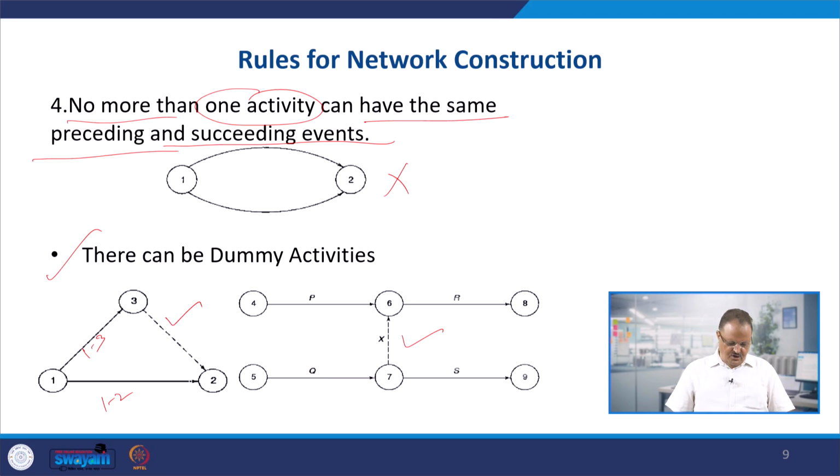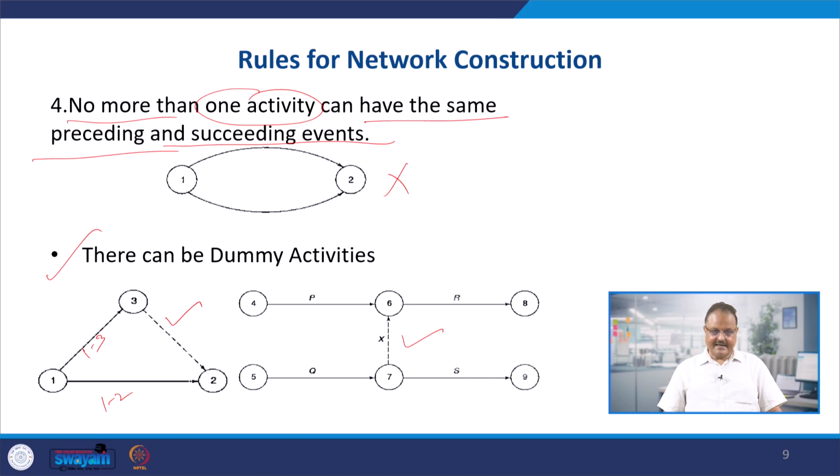Though it is not requiring any kind of resources, we are saying that the structure would be complete when all these 3 events and all these 3 activities would be completed. So, 2 are practical activities which are requiring resources, but 1 is only a dummy activity which is not requiring any resources, but yes, it establishes the logical connection between the 2 events, that is the 2 and 3, and that is why we are showing it with the dotted line.